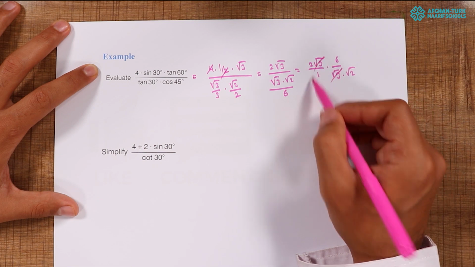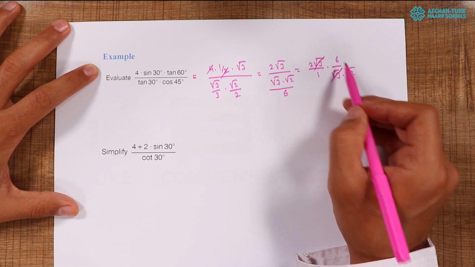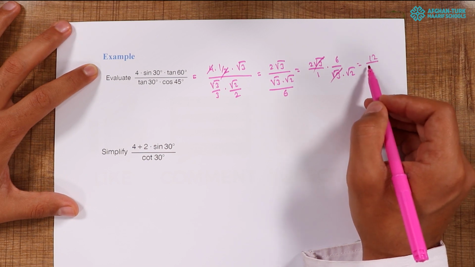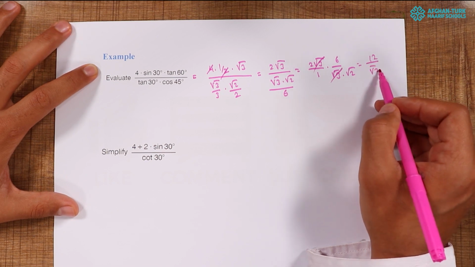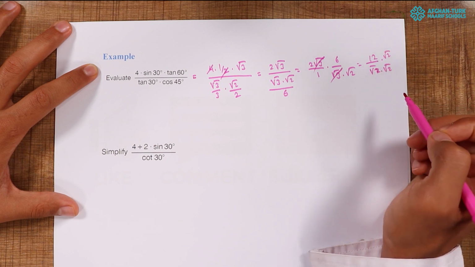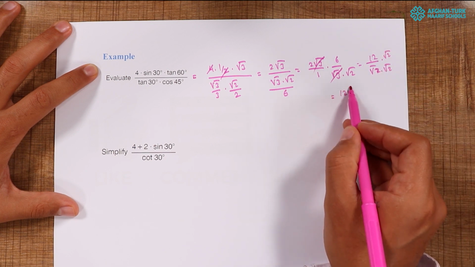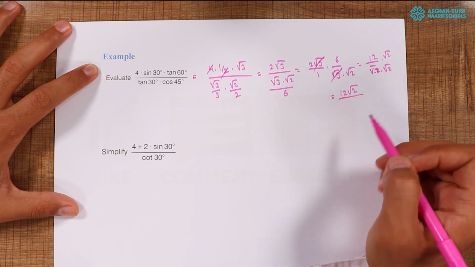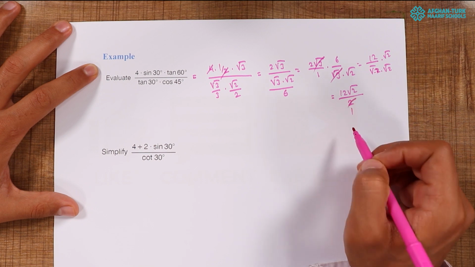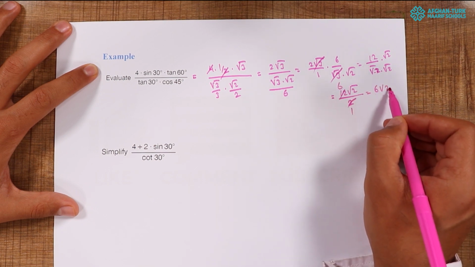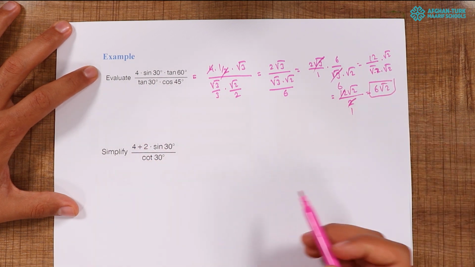Then we can cancel the square root of 3 with each other. 2 times 6 is equal to 12. 12 over square root of 2. We can multiply square root of 2 to both numerator and denominator. So we get 12 square root of 2 over square root of 2 times the square root of 2, which is equal to 2. 12 divided by 2, 6, is equal to 6 square root of 2, okay? The answer of this expression.